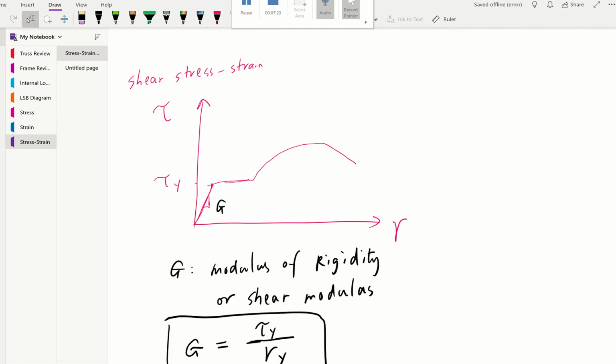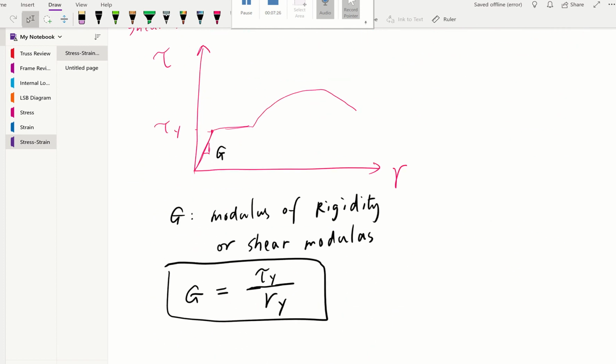Here I want you to make sure you start to look at the table inside the back cover of the Hibbeler book. That shows all this information.